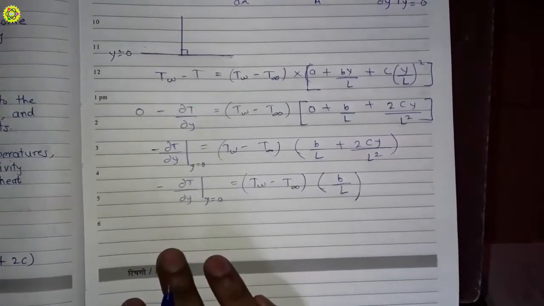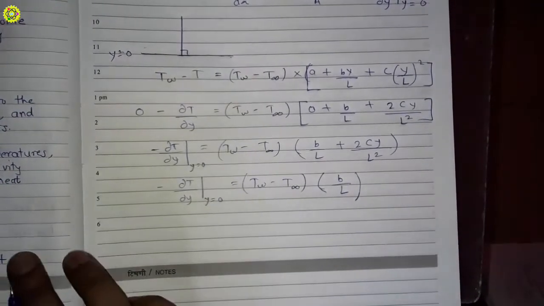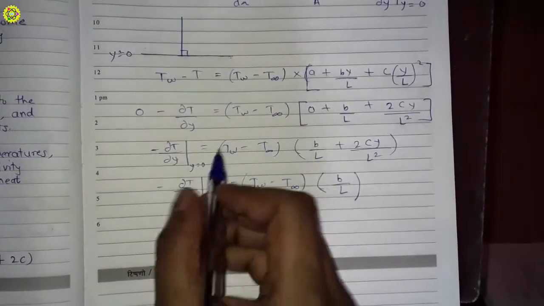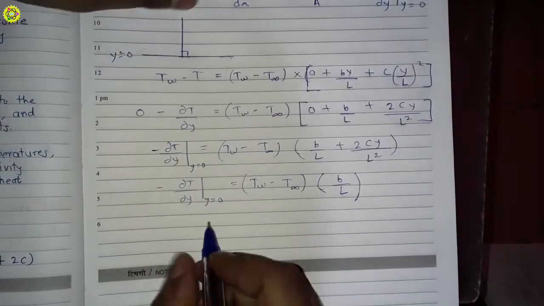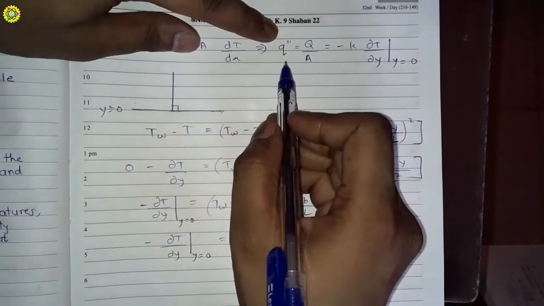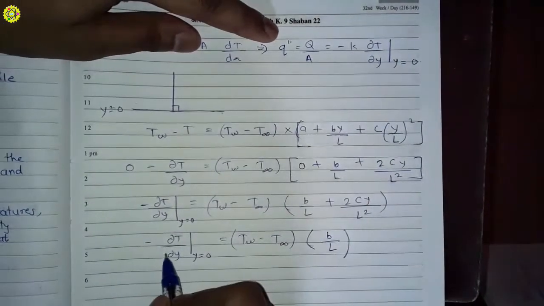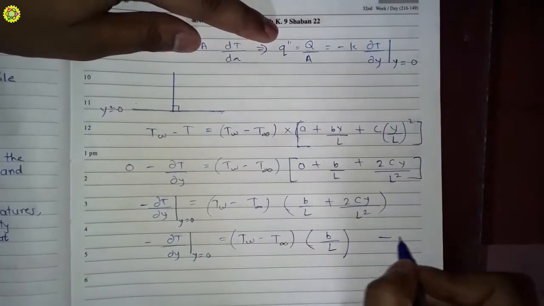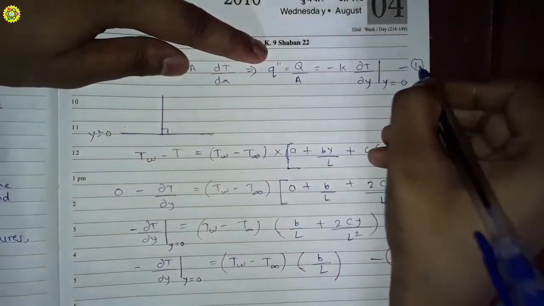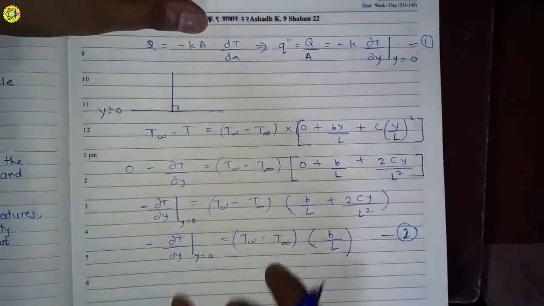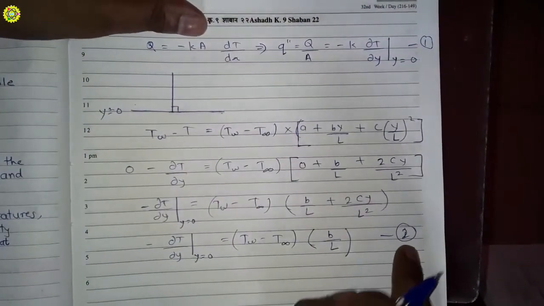So q double dash is equal to this equation. This is equation number 2, this is equation number 1. Now let's put the value of equation 2 in equation 1.